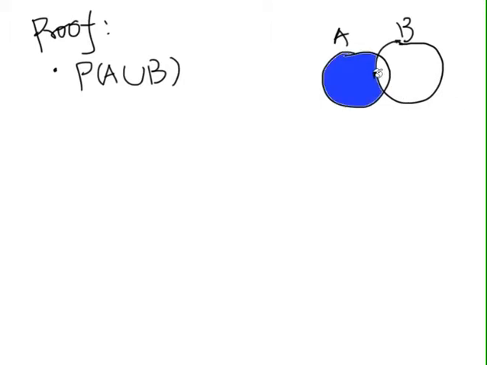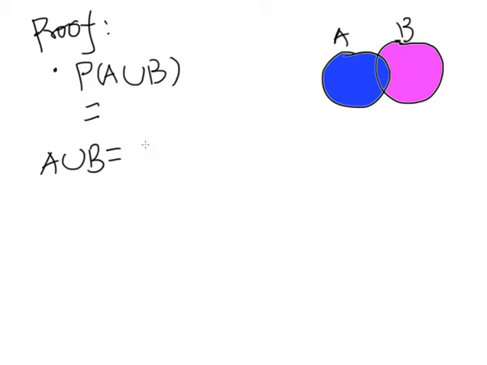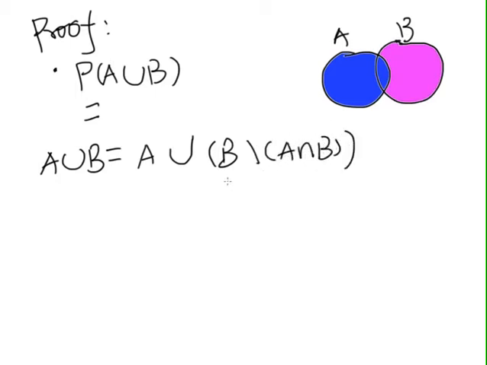So the probability of A union B, here is A, here is B, the idea is that we split A union B into 2 parts: the blue part, which is A, and then the magenta part, which is B minus A intersection B. Notice that that is a mutually exclusive union.